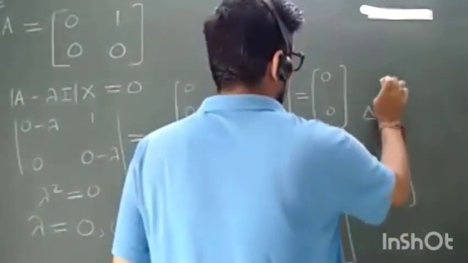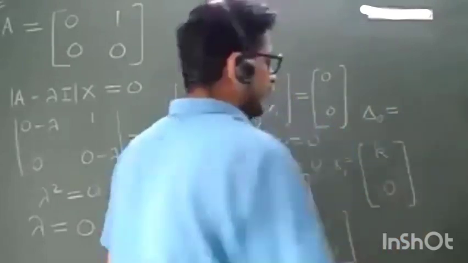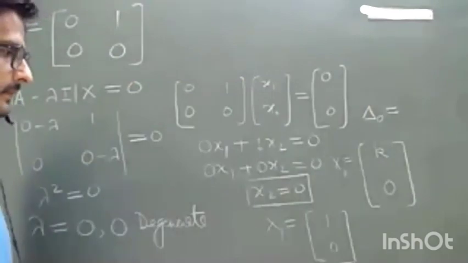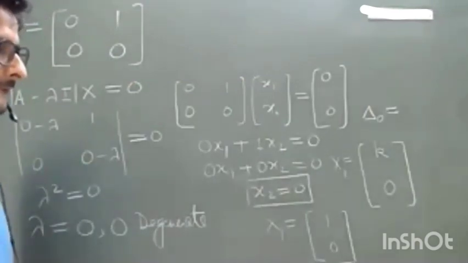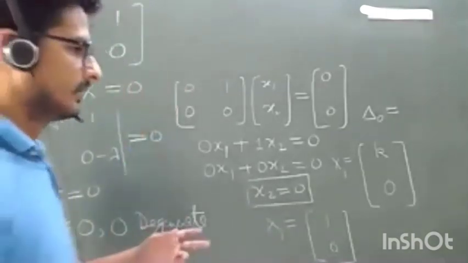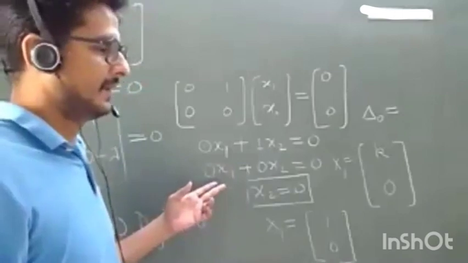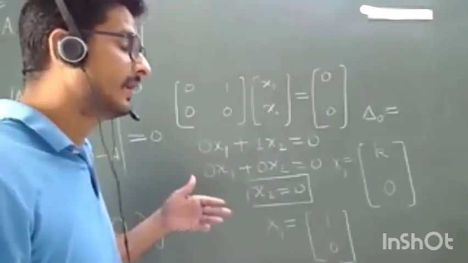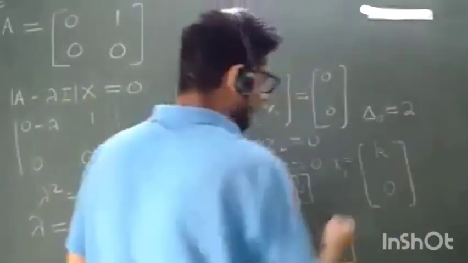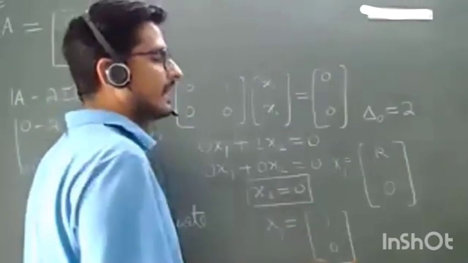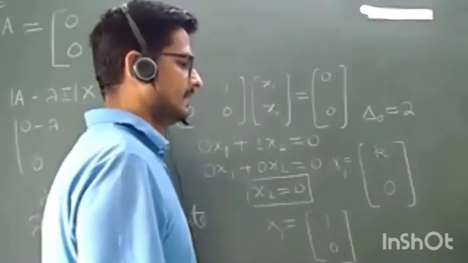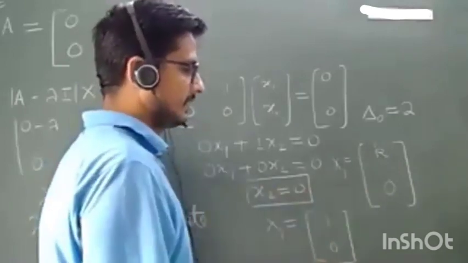So what is the defect? Quickly, what is the value of defect? What was the value of capital M here? 2, sir. 2, and you got only one independent eigenvector because another you can't write. Whatever you write will be linearly dependent, just a multiplication of parallel vectors.